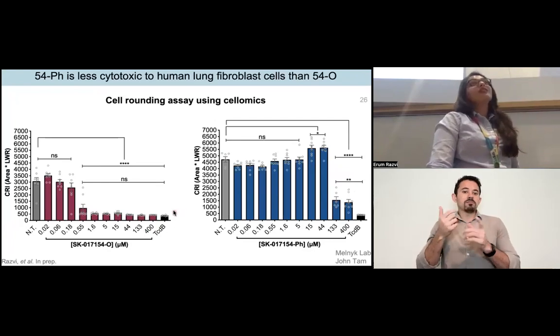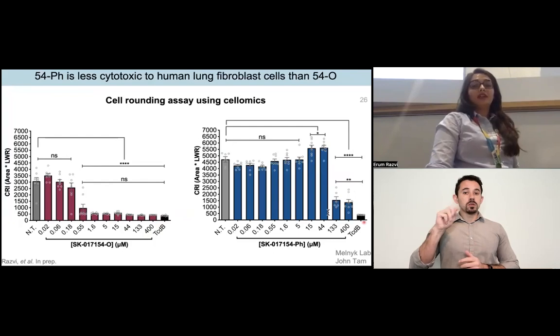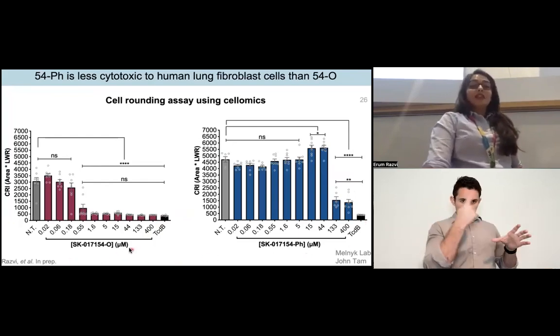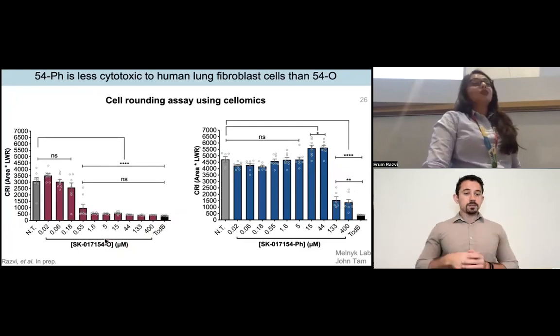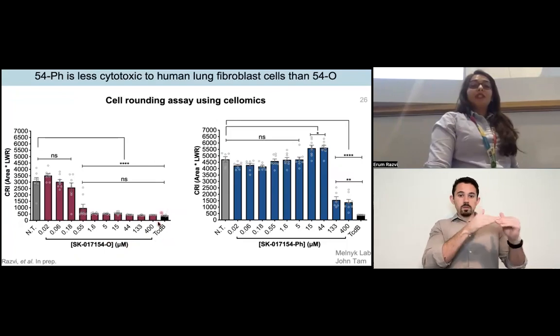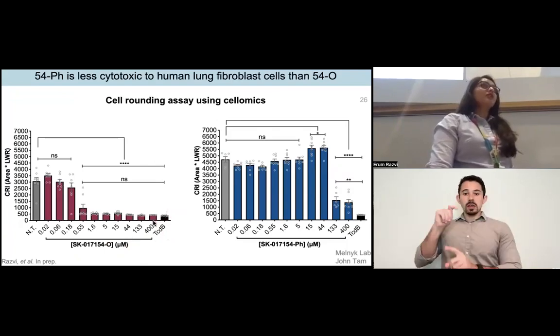The Clostridium difficile toxin TcdB served as a positive control for cell rounding. 54O was not significantly different for cell rounding at concentrations above and below the IC50 value compared to TcdB-treated cells. So this means it does have a cytotoxic effect.